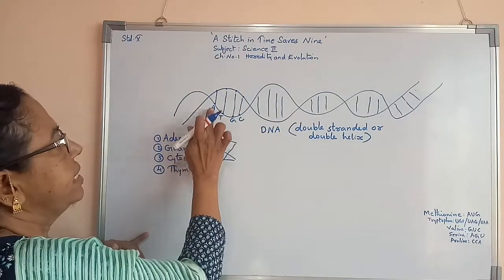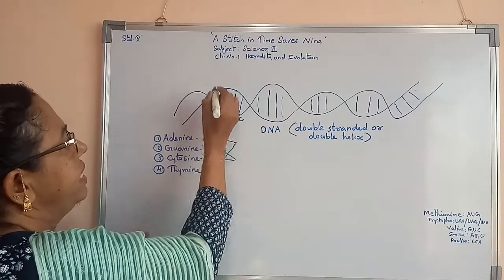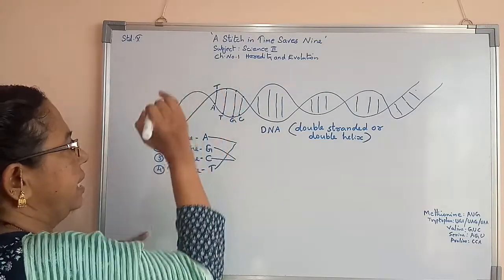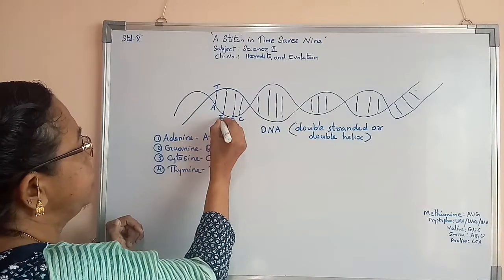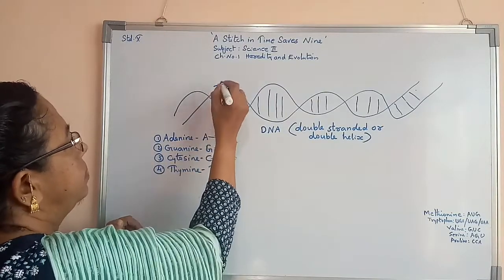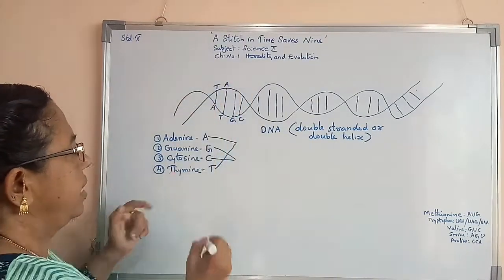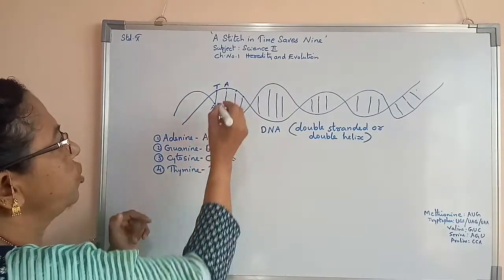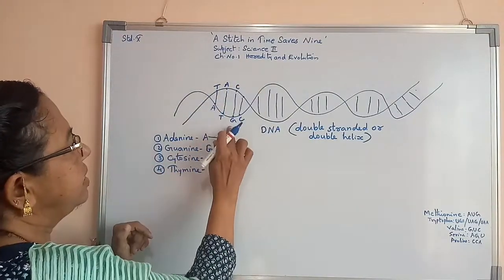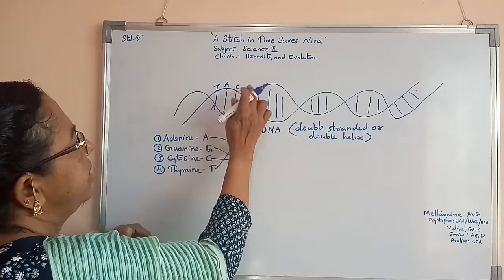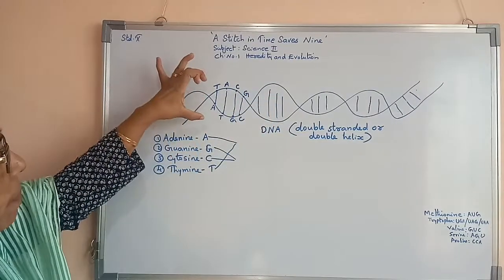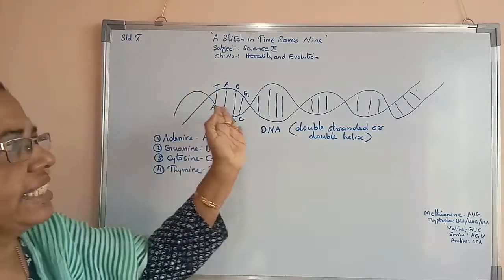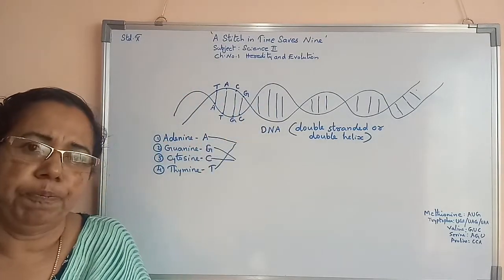Then its opposite: where A is there, here will be T. That is the pairing, AT. Where T is there, then A. Now where G is there, C should be there, GC. Where C is there, G should be there. Such a way the pairing work is happening inside the DNA.